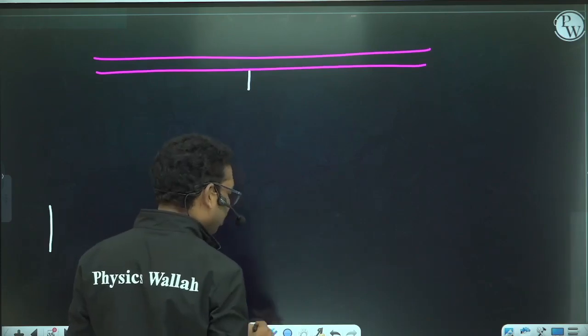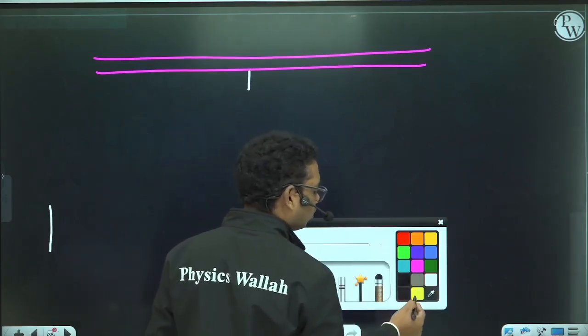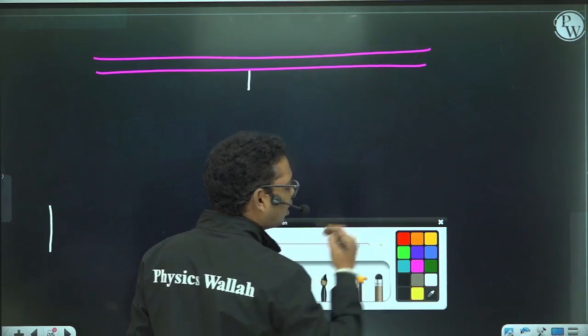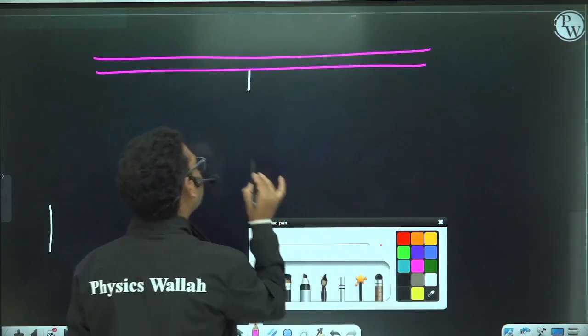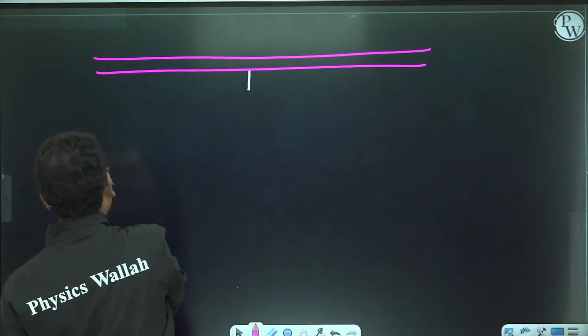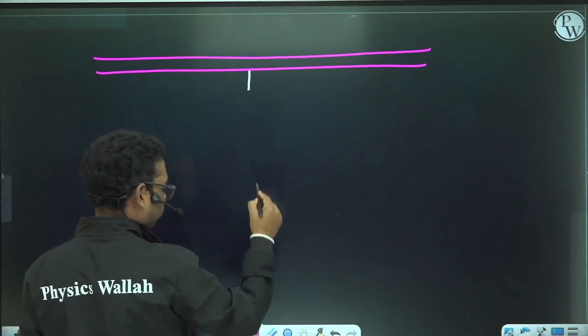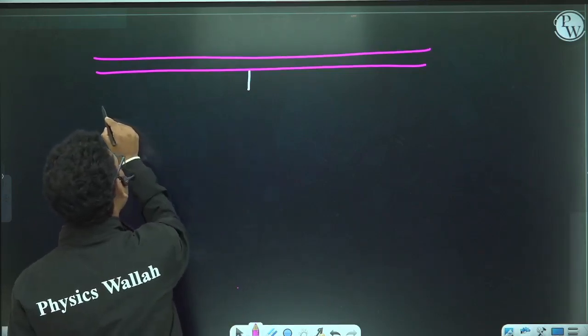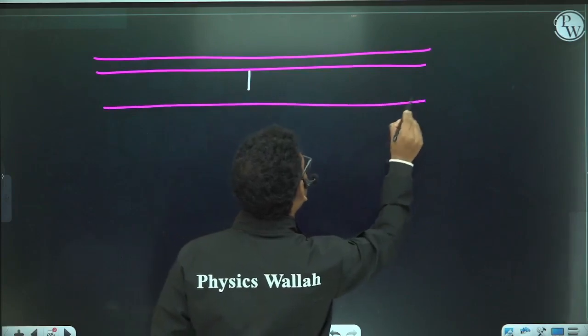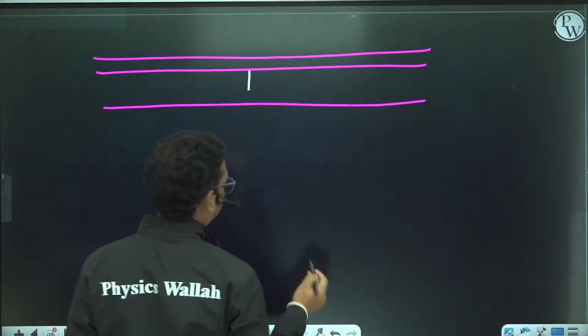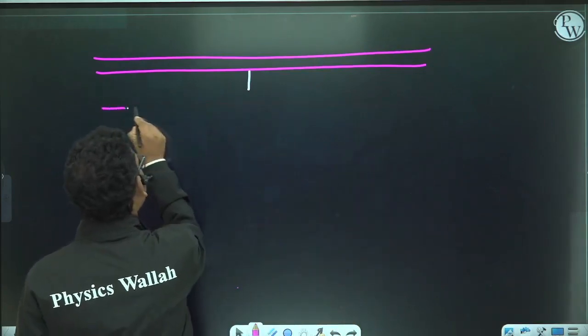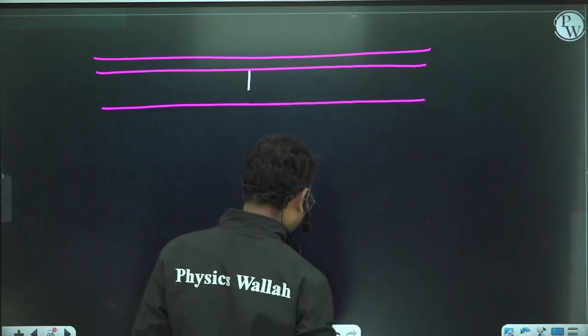When it underwent transcription, it will produce the RNA molecule. So suppose this is the RNA molecule.